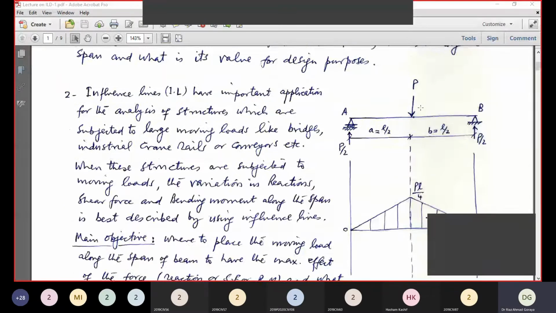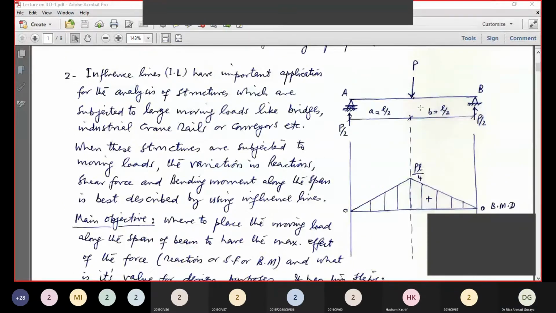Now if you look at this diagram, this is a simply supported beam subjected to a central load P. Of course, the reactions are equal, P by 2 and P by 2. This is the bending moment diagram having the maximum ordinate PL by 4, because when P by 2 is multiplied with L by 2, it will be PL by 4.